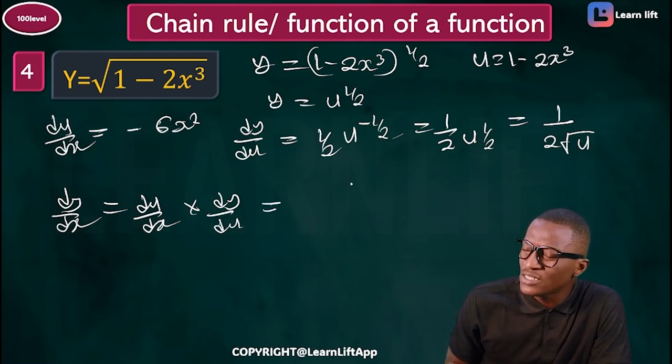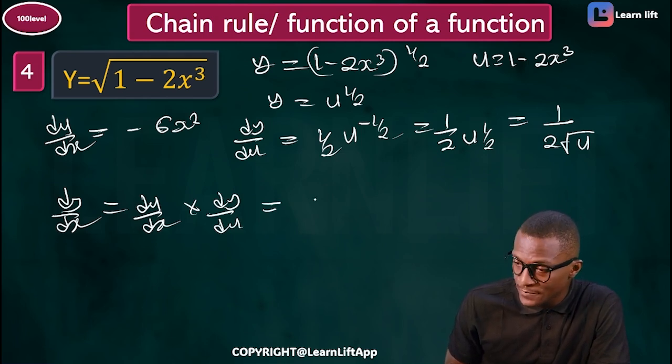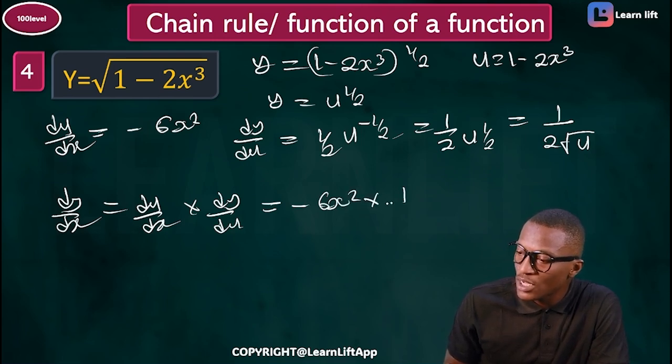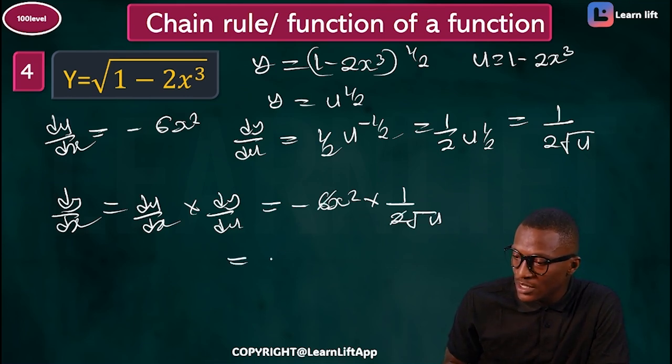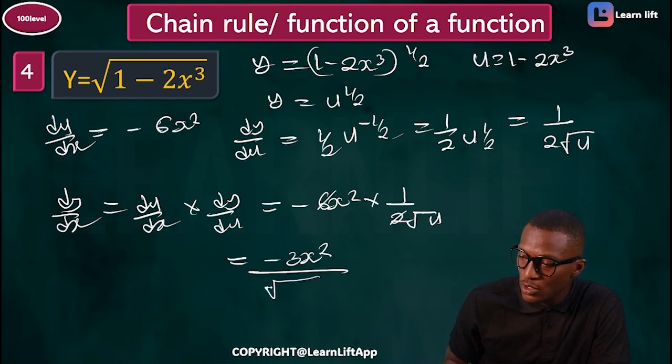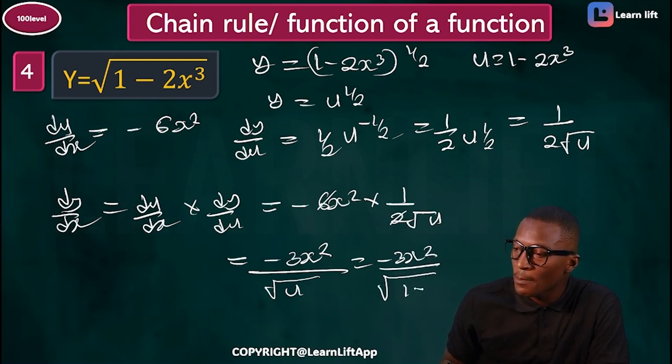Du over dx is minus 6x squared, times dy over du, that's 1 over 2 root u. This 2 will reduce this, so that simply gives minus 3x squared all over root u, which is minus 3x squared all over root of 1 minus 2x raised to power 3.